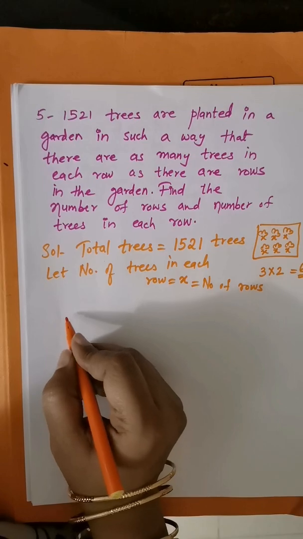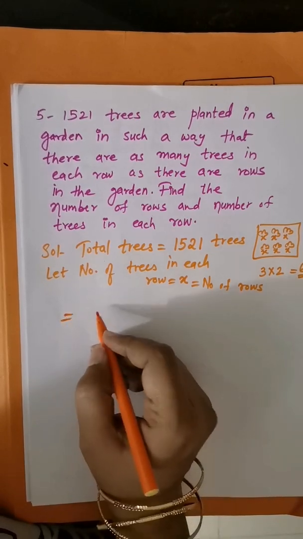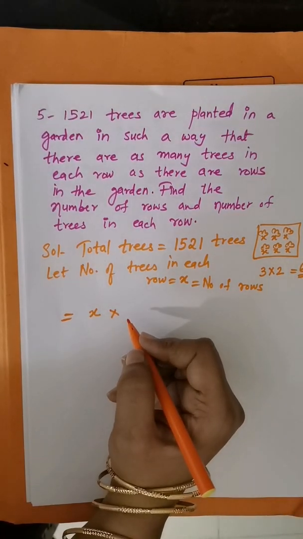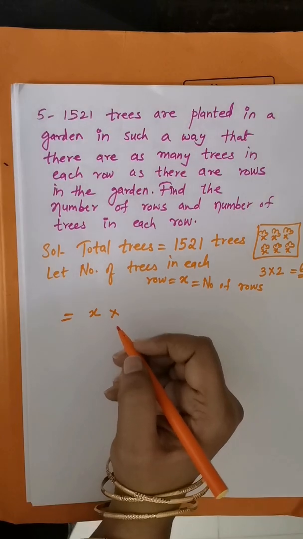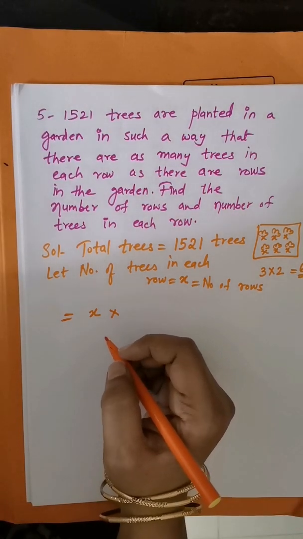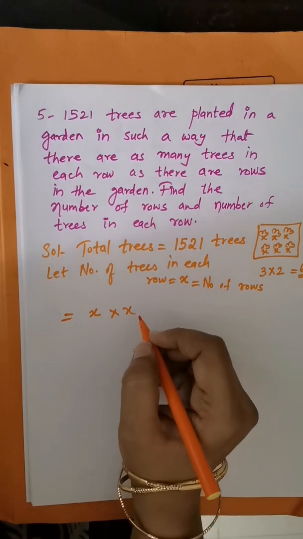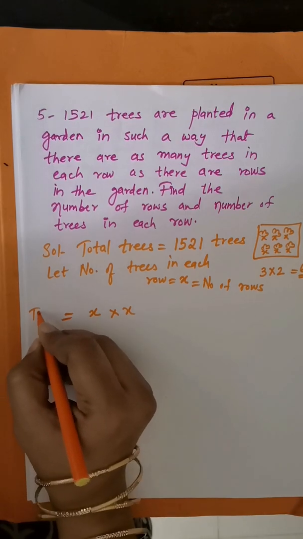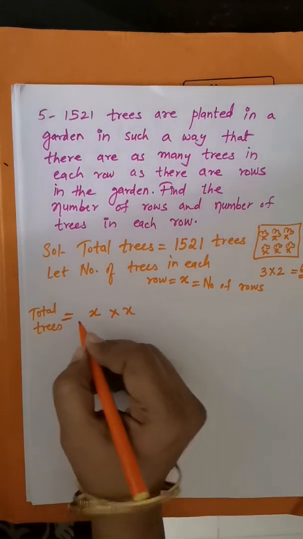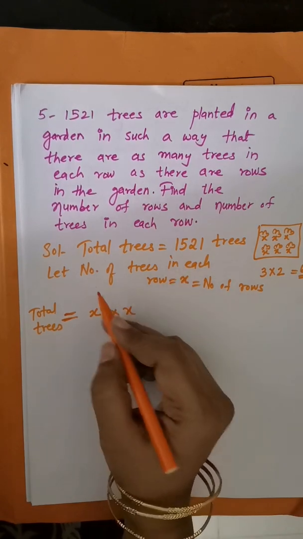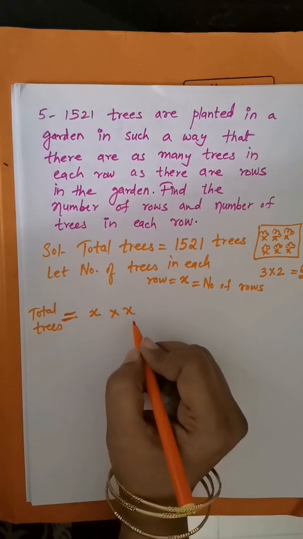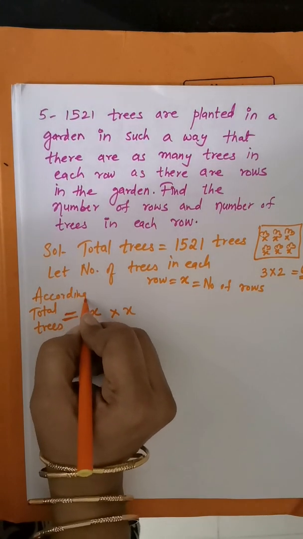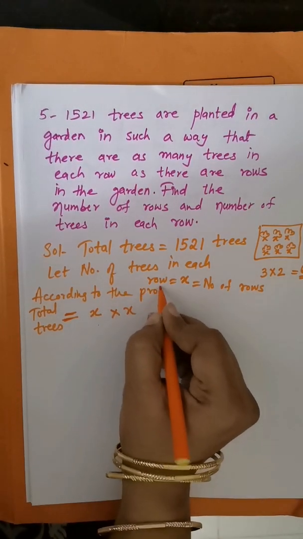Okay, so x into x, according to the problem, total trees is equal to number of trees in each row into number of rows. This is according to the problem.